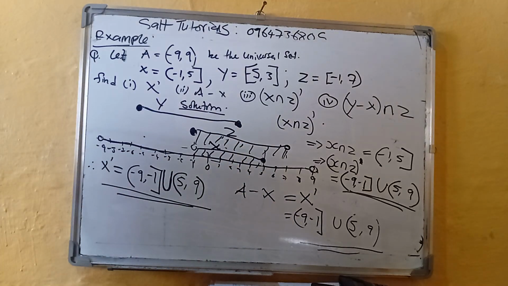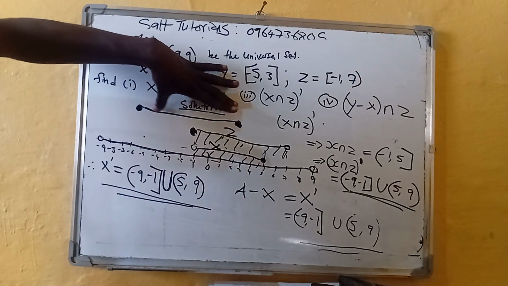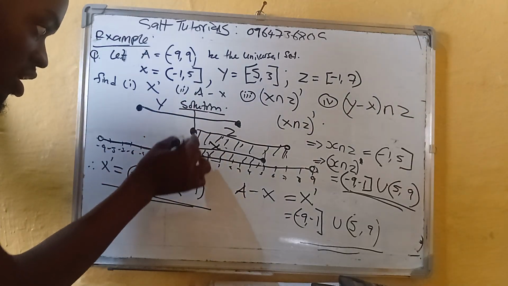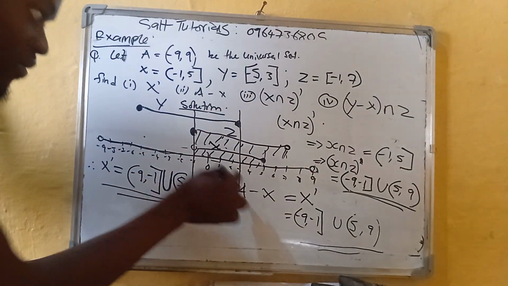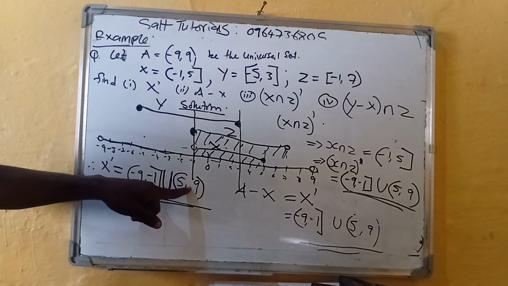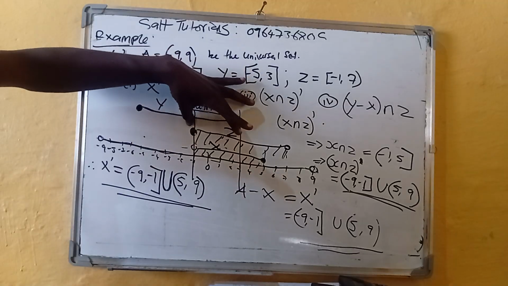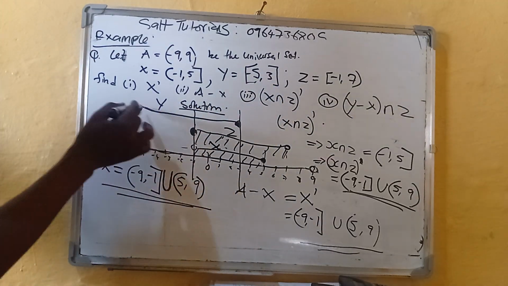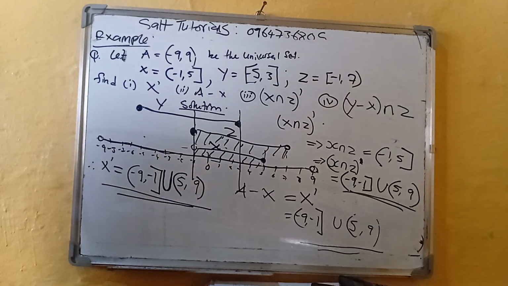So you start by first of all collecting Y minus X. This is in Y, but remove this X part. So X is running from here to there. So if I remove this portion in the Y, I'm going to remain from here to there. This is what I'm going to remain with.